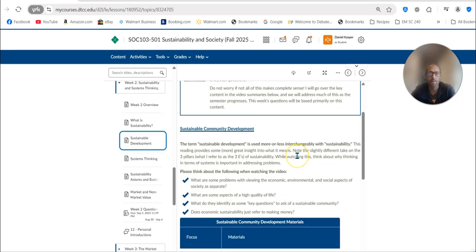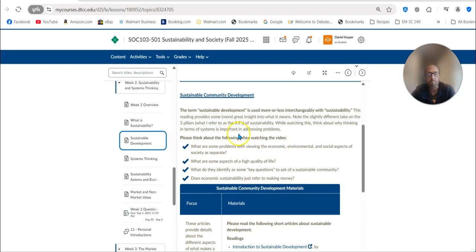The second part is about sustainable development. I don't want you to get confused, because this term is really used interchangeably with sustainability. It refers specifically to societal development in general. There is a whole world of research and an academic discipline called development studies, which is a study of how societies develop.